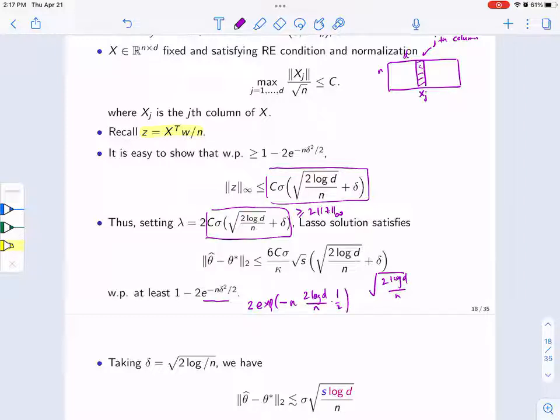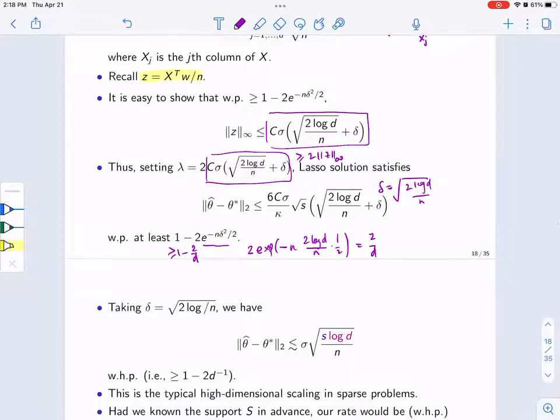So things cancel out, right? So set delta to be that. Yeah, so you need 2 over D. So if D is really large, this probability is going to be small. So probability at least 1 minus 2 over D.